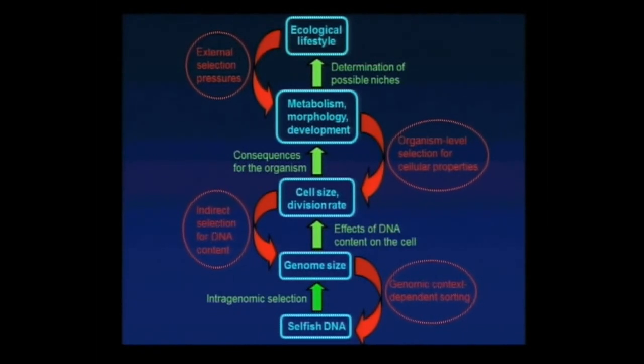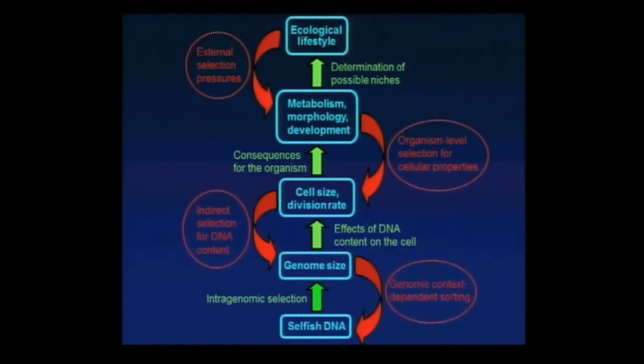So here's a more hierarchical view, and this diagram was from a chapter in a book that I edited. And when I drew it, it was very much influenced by Gould's thinking and by that quote about needing a fully articulated theory of evolution. And this is my version of a hierarchical approach to the question of genome evolution from that perspective of genome size.